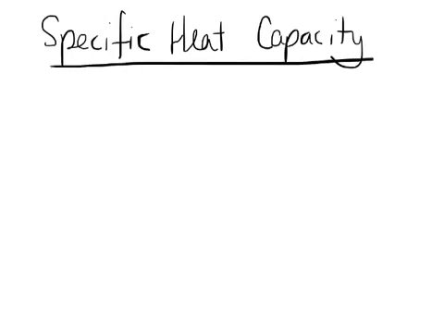The next thing we want to look at is specific heat, and it's actually called specific heat capacity. What specific heat is, by definition, is specific to the substance we're talking about. To make it simple, here's my example that I always think of.